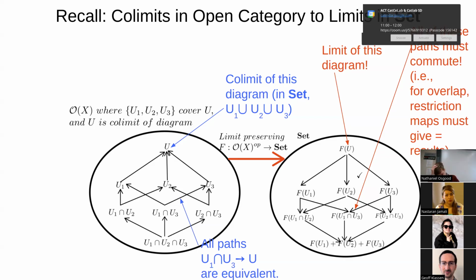Do you remember if we had a category where objects are numbers and morphism A to B expresses that A is less than or equal to B. And we have a set of these objects, A, B, C, D. What's the limit of that?